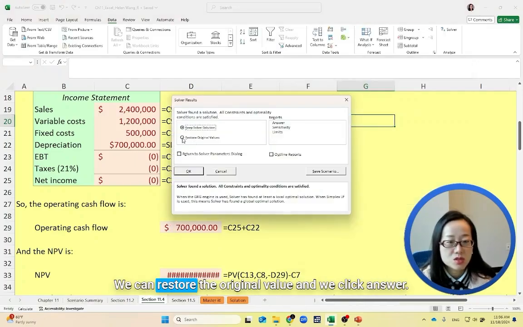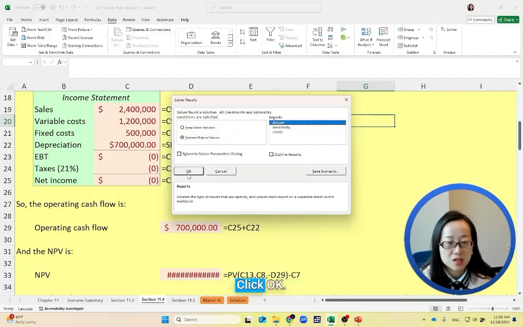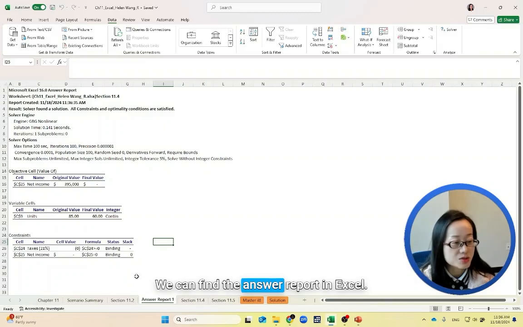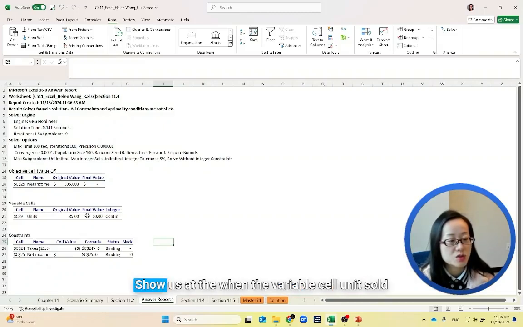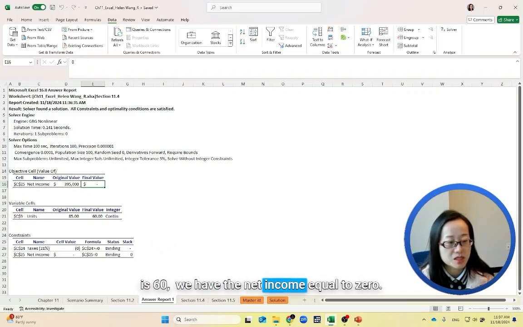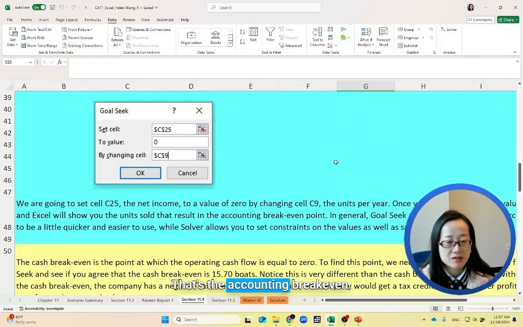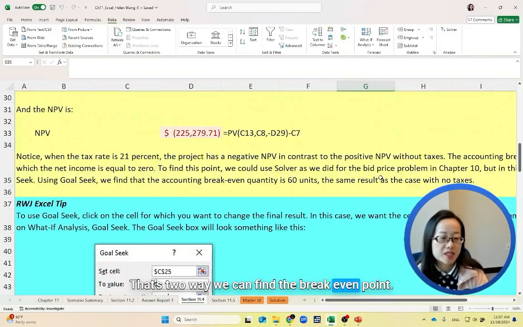We can restore the original value and we click answer, click OK. We can find the answer report in the Excel, showing us when the variable cell unit sold is 60, we have the net income equal to 0.